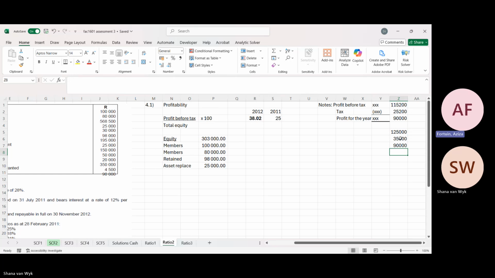Sometimes Excel doesn't always work the best. Do it on your manual calculator, then you see it works better.